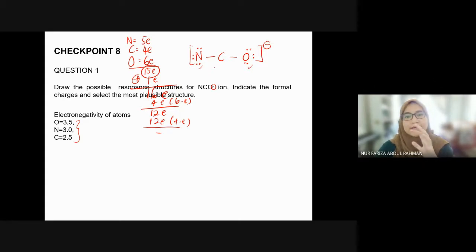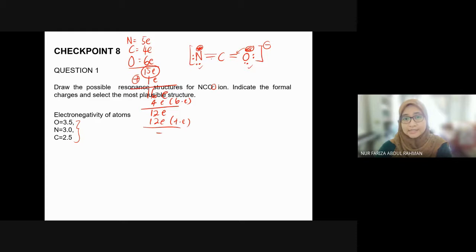Okay, all right. So here kita ada banyak option, guys. Katakanlah you would go for a double bond between carbon and oxygen, and a double bond between nitrogen and carbon. Okay, katakanlah this one, kita jadikan dia double bond, and same goes to this one. So this one will not be appearing anymore because dia dah jadi double bond. Okay, alright.